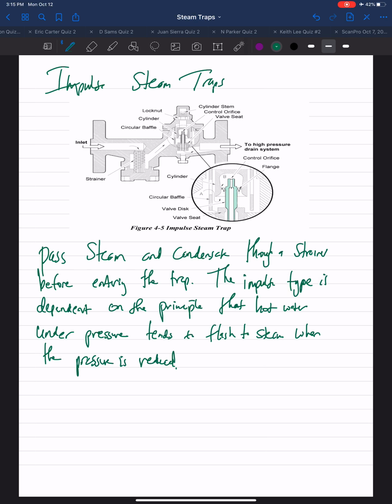The only moving part in an impulse steam trap is the disc.